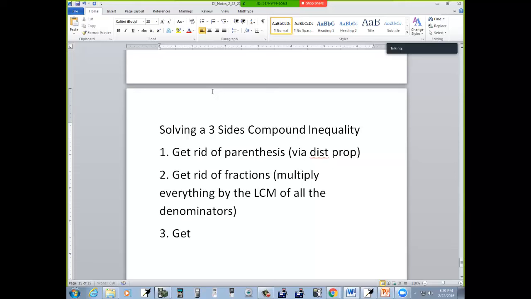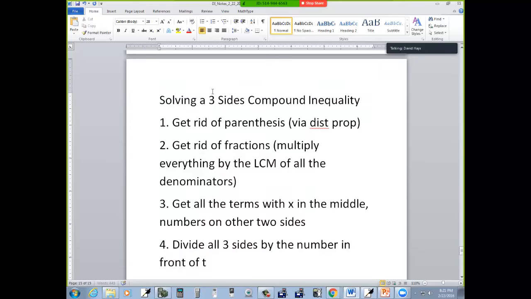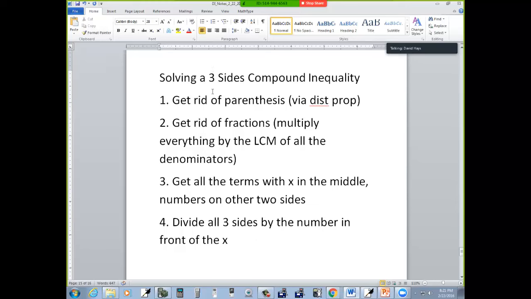Step 3, get all the terms with x in the middle, numbers on the other two sides. Step 4, divide all three sides by the number in front of the x. And again, that's your coefficient.